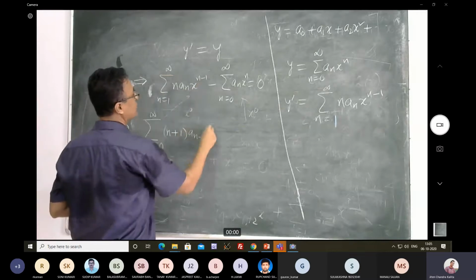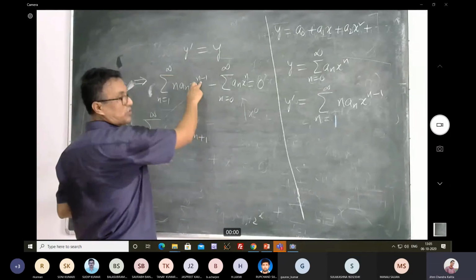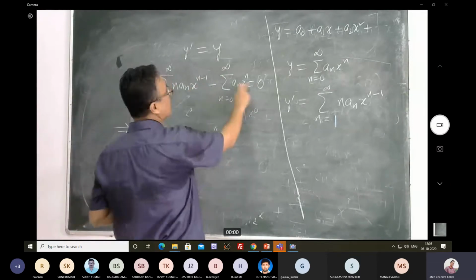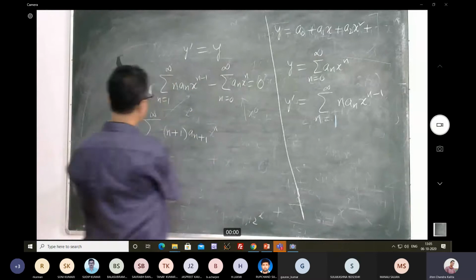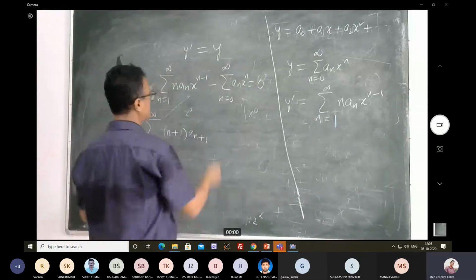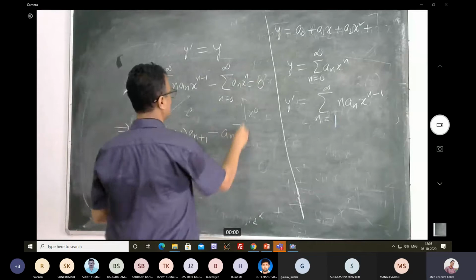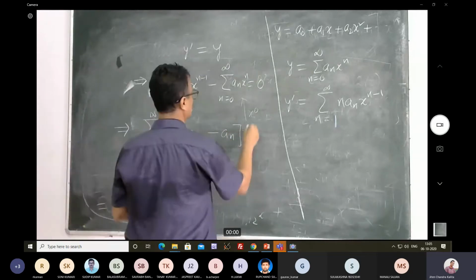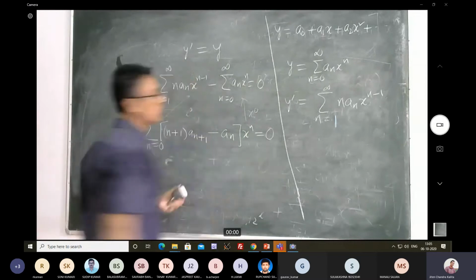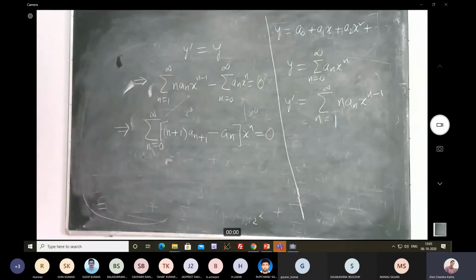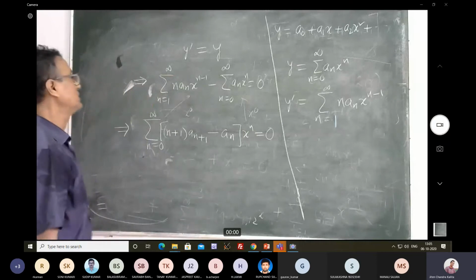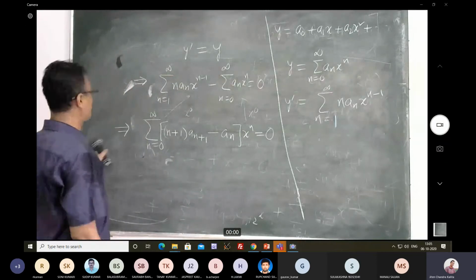The other series is already in x to the power n and starts from n equal to 0, so I can simply write it as it is. Is it okay with everybody now?